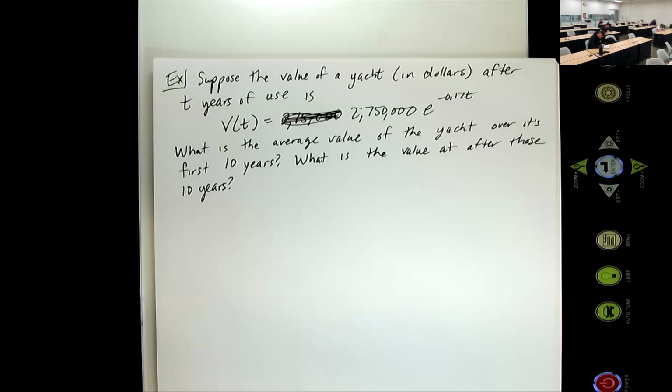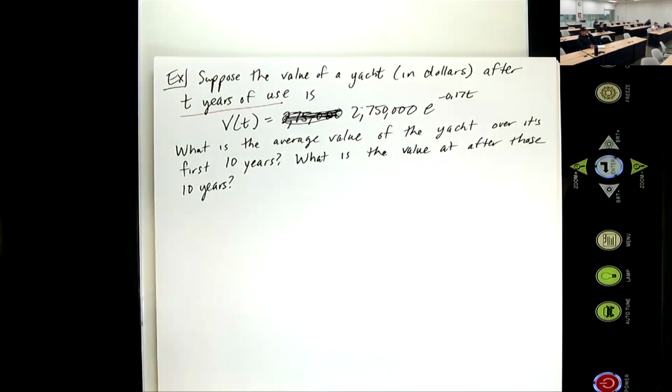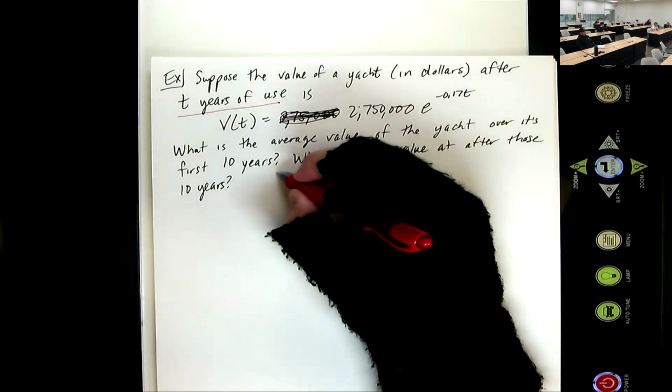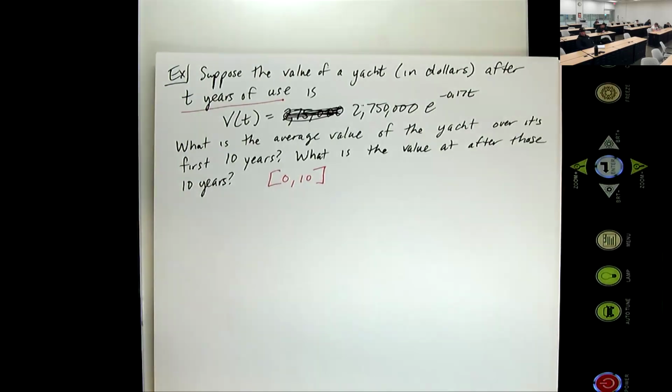Now, just like we did with the other problem where part of it was in seconds, but we wanted it after an hour, we have to make sure we're using the right units for t. Here it said t years of use, so our t should be in terms of years. So that means our interval here is going from 0 to 10, since that's already in years. If it says months or days or something like that, we'd have to change those digits.